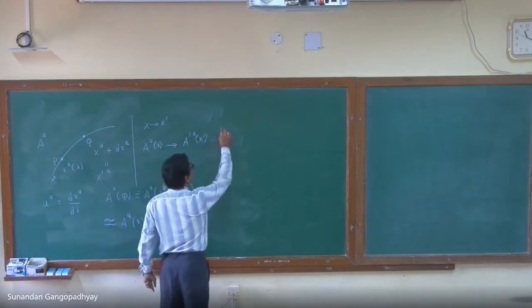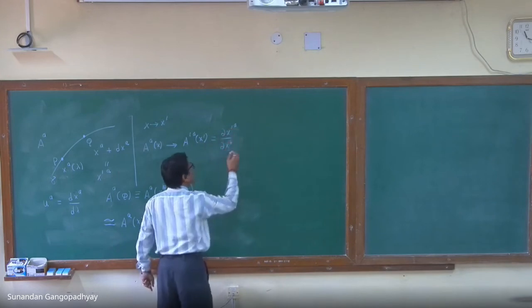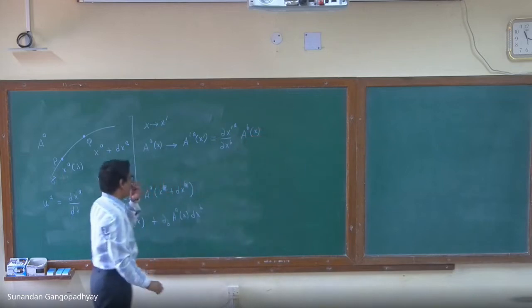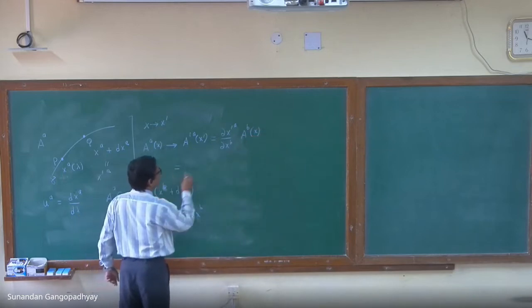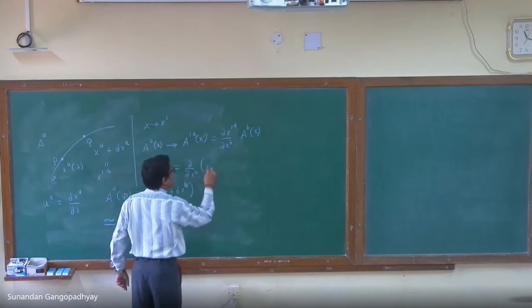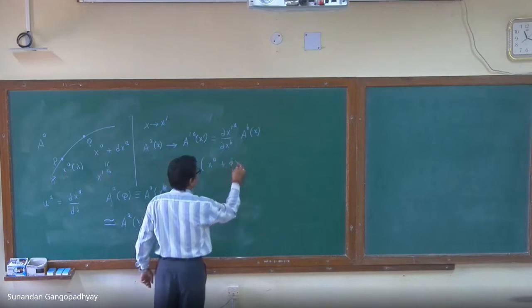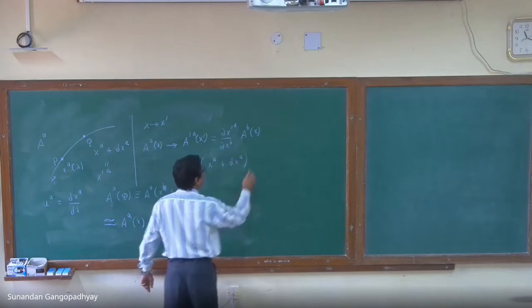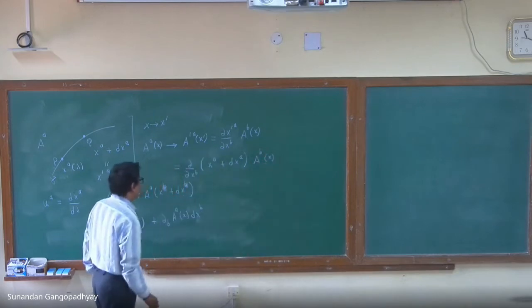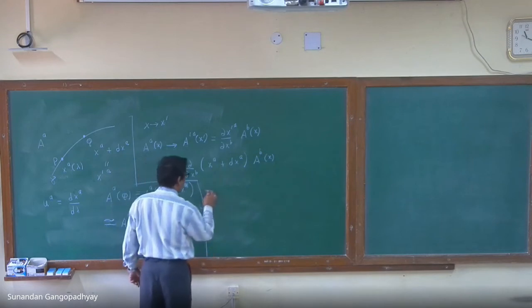It will be del x prime^a by del x^b, times A^b. This is equal to del x^b, with x prime^a now x^a plus dx^a.